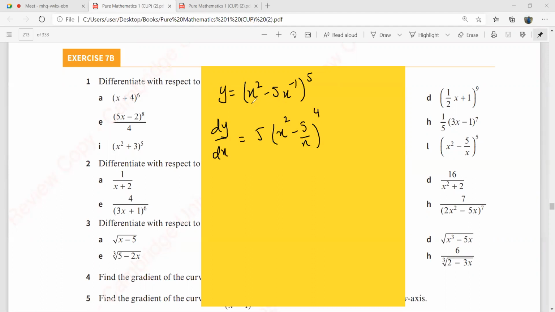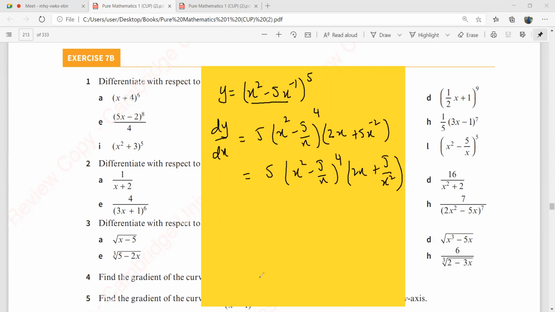And then the derivative of this thing, the derivative of x square is 2x, and the derivative of minus 5x to the power minus 1 will be plus 5x raised to power minus 2. So we can write it as 5 into x square minus 5 over x to the power 4, and this is 2x plus 5 over x square. You can leave it at this.